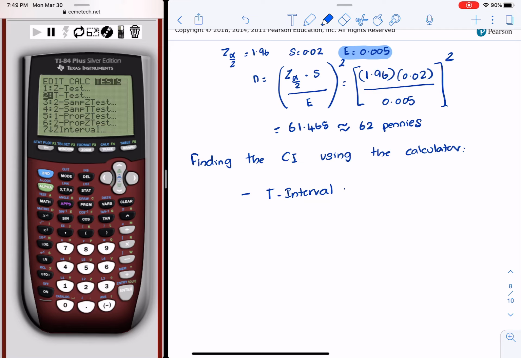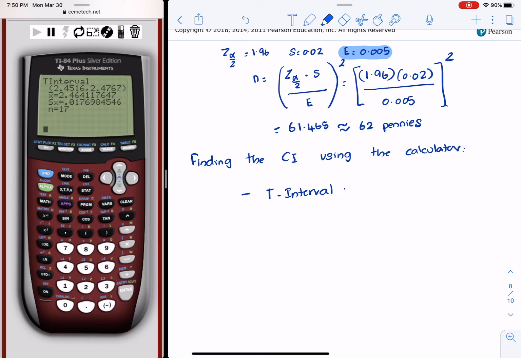I'm going to scroll down to number 8, and I have data and I have stats. So I'm going to select data because I have the data in list 1. So down. We pick a confidence level of 0.99 and enter.